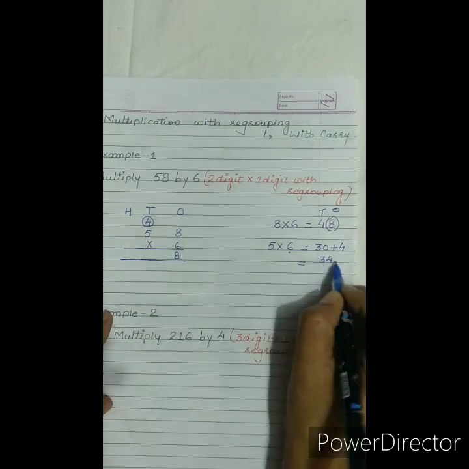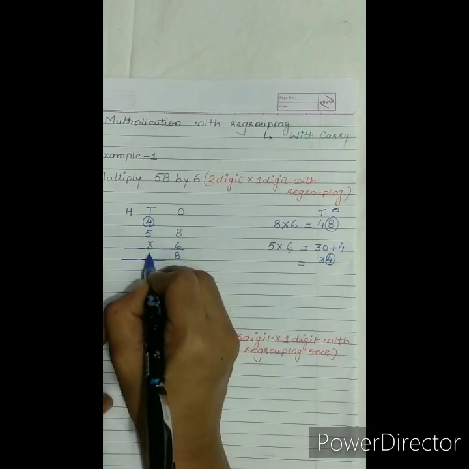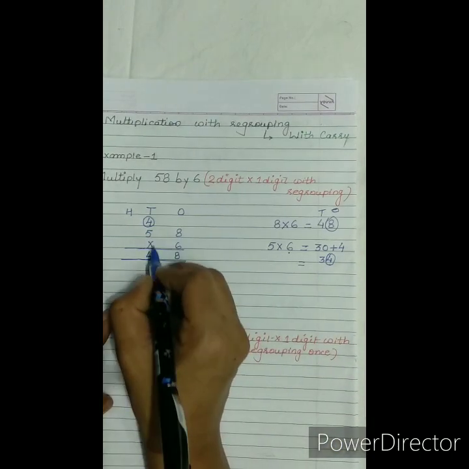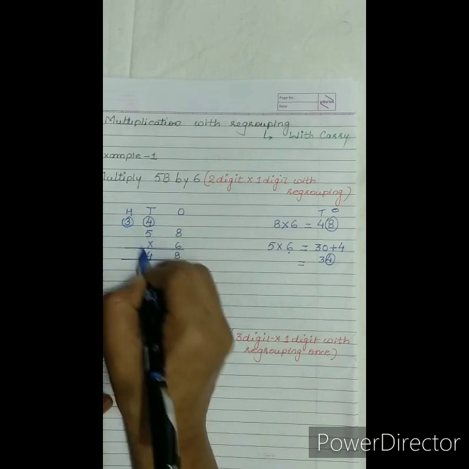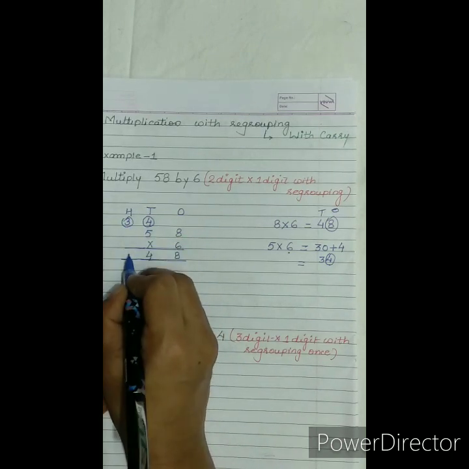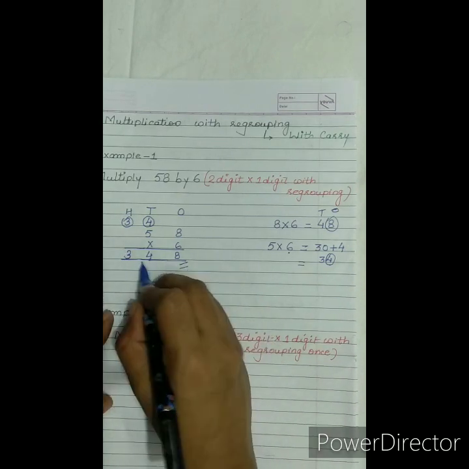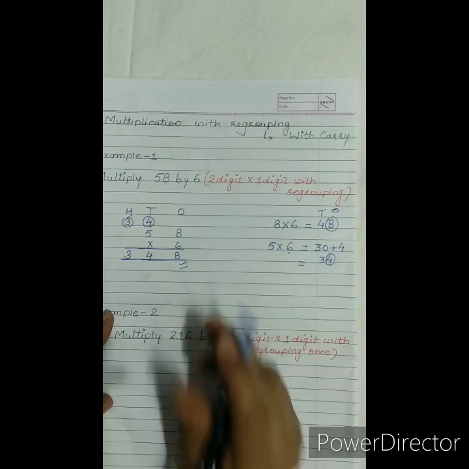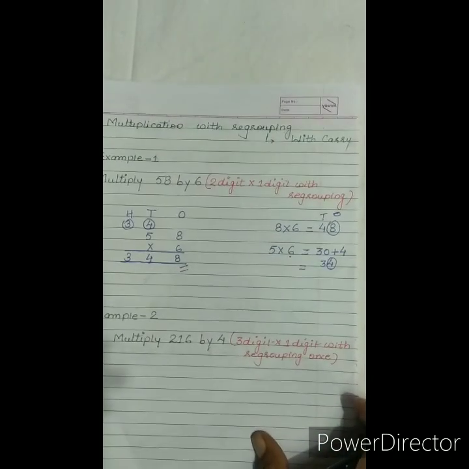Here the ones digit is 4, so it comes below the tens place and 3 goes up as carry to the hundreds place. No digit is here, so 3 comes down as it is. So our answer is 348.